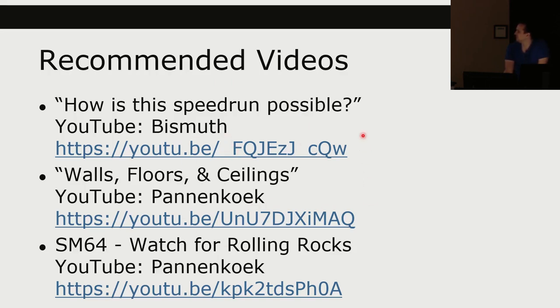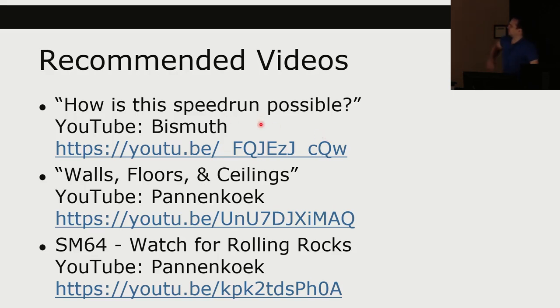There's a few videos here that you don't have to watch, but if you're ever eating dinner and you want to put on a video, these are insanely entertaining, and they will give you some appreciation for the programming of these games and for the programming of assignment 3, I think.